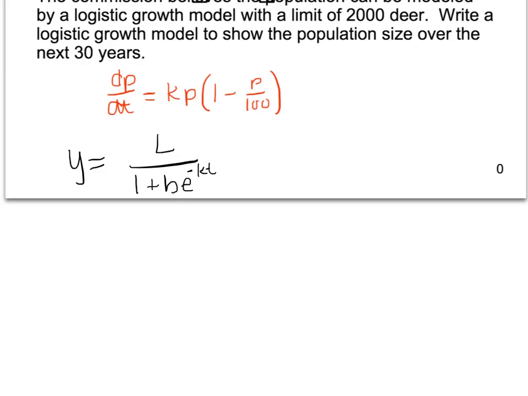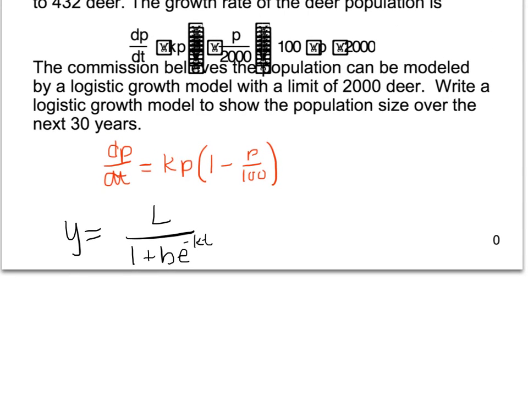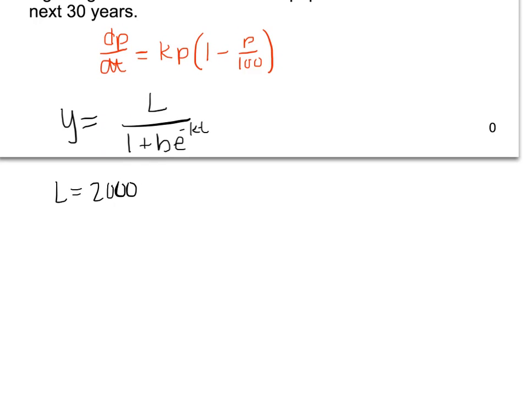We know L is our carrying capacity, which is our limit, given to us in the original problem, and the original limit was 2,000. So I know that L is equal to 2,000.